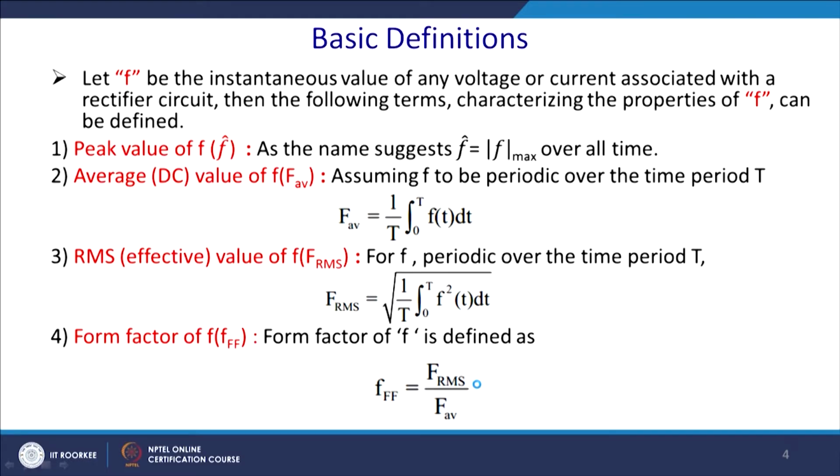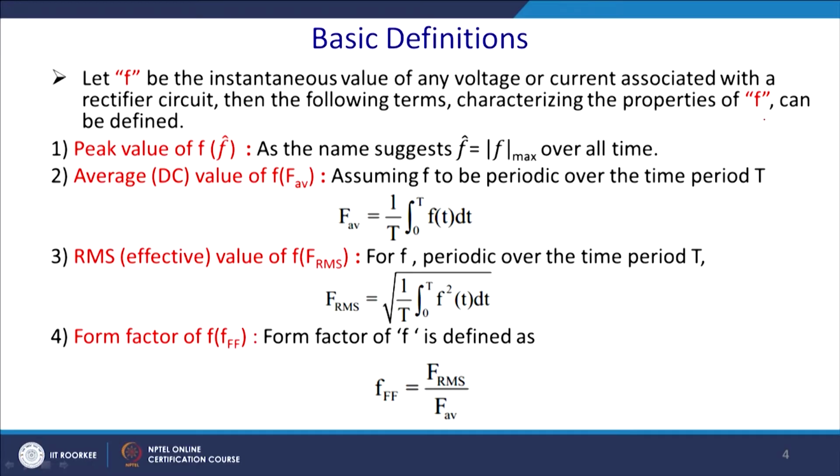So, let f be the instantaneous value of any voltage and current associated with the rectifier circuit, then the following terms characterizing the property of f can be defined. The peak value of f, as the name suggests, is f peak equal to the maximum of mod f for all time.